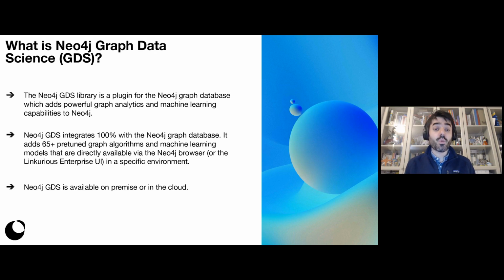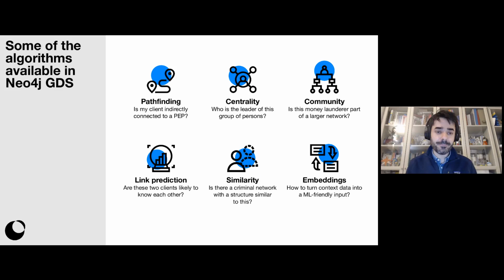Neo4j GDS integrates 100% with the Neo4j Graph database, and it adds some 65 plus pre-tuned graph algorithms and machine learning models that are all directly available via the Neo4j browser or via the Linkurious Enterprise UI. All of that in a very simple environment. And finally, Neo4j GDS is available both on-premise or in the cloud, depending on what you favor. So that's it for Neo4j Graph Data Science or Neo4j GDS.